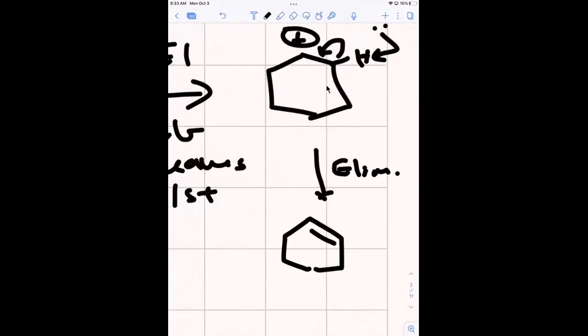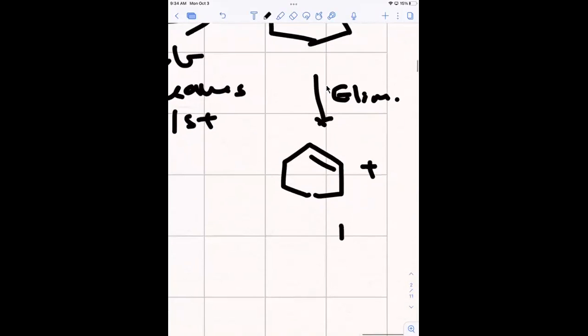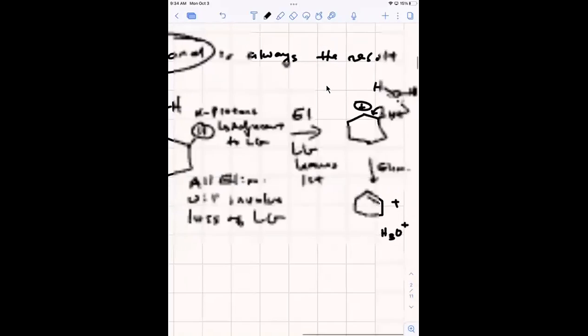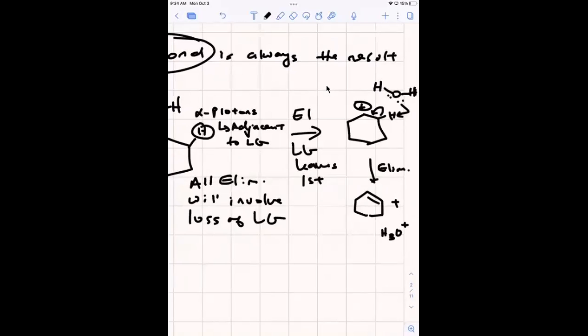So now this is my elimination product plus that, right? Anybody not see that? So the water that left can also act as a base in this case and facilitate the elimination.